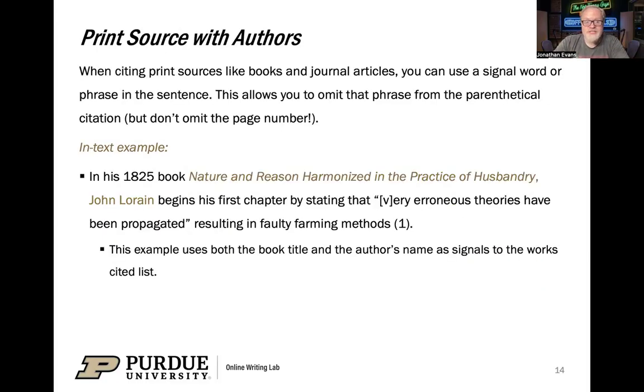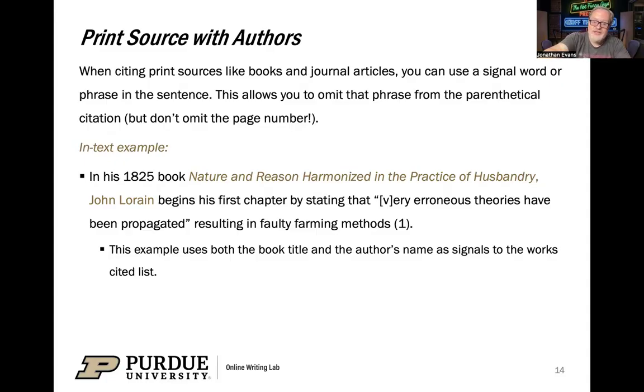Now, when we're citing sources in books and journal articles, you can use a signal phrase. This is what I was just hinting at. Let's look at this example. In his 1825 book, Nature and the Reason of Harmonized in the Practice of Husbandry, John Lorraine, that's our author, begins his first chapter by stating that, quote, very erroneous theories have been propagated, close quote, resulting in faulty farming methods.